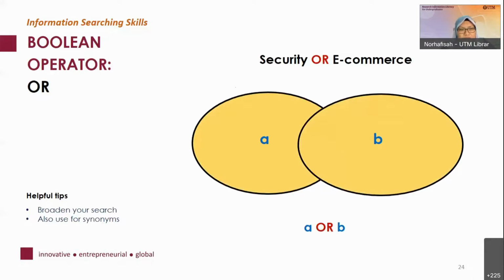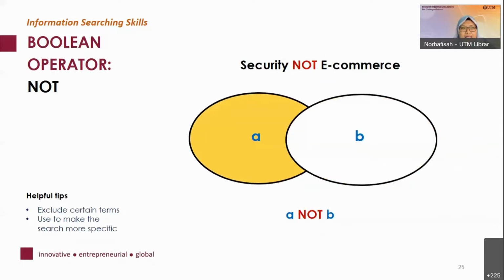OR is used when you want to broaden your search. For example, security OR, you can broaden your search. The last one is NOT. NOT is used to exclude a certain term that you don't want, which makes the search more specific.